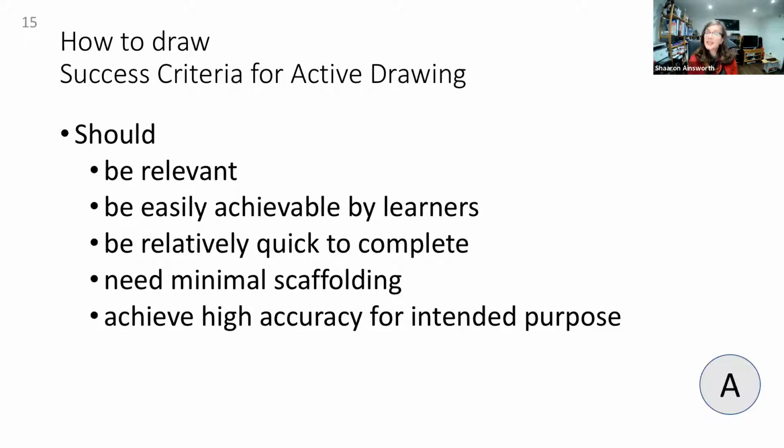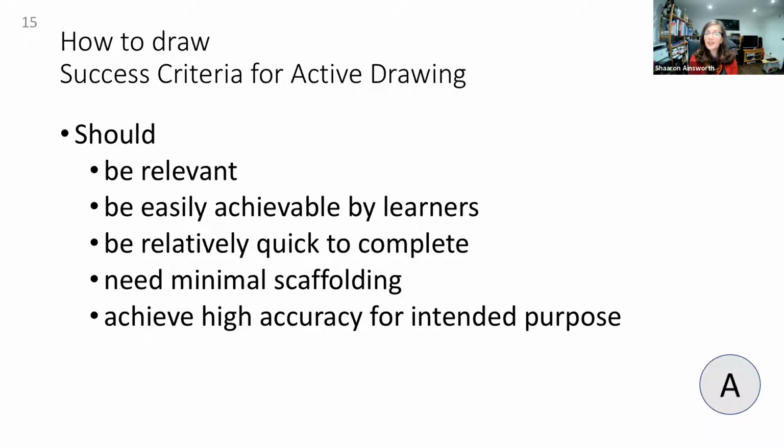I think there are success criteria for active drawing, and they're going to be different when we look at these other examples. So it's got to be relevant, but it shouldn't take too long. It's got to be easily achievable. It's got to be quick to complete. If it's going to succeed, learners are going to need minimal scaffolding. They're going to want to get on with this, and it should have high accuracy for its intended purpose.